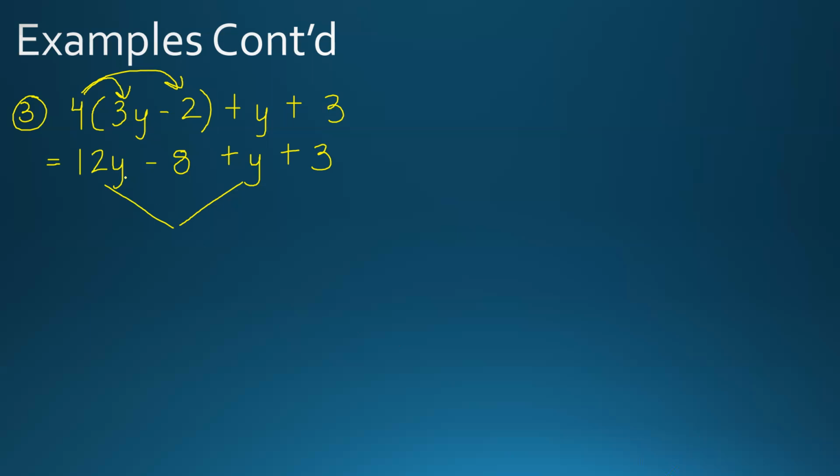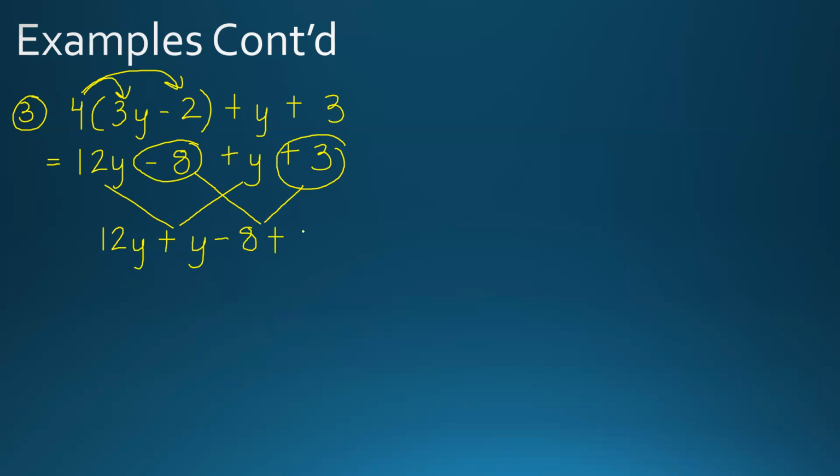Okay, so we have what? 12y plus y. 13y. So remember that y is 1y, right? And so it's going to be negative 8. We bring that over. Plus 3. We bring that over. So it's negative 8 plus 3.